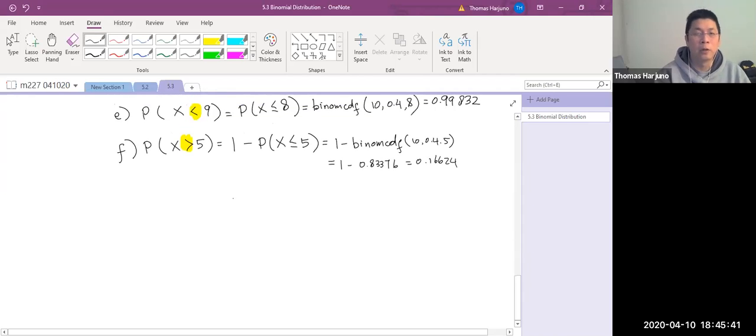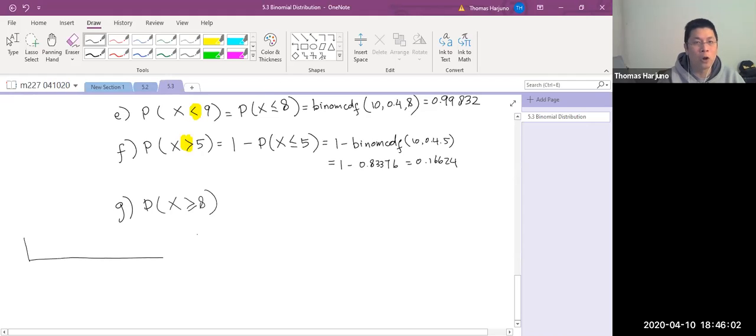Okay, now I strongly suggest you imagine the boxes I did earlier. Just for fun, suppose I ask: find the probability that x is greater than or equal to 8. Greater than or equal to 8 means from all those possible outcomes, I will take the outcomes 8, 9, 10.